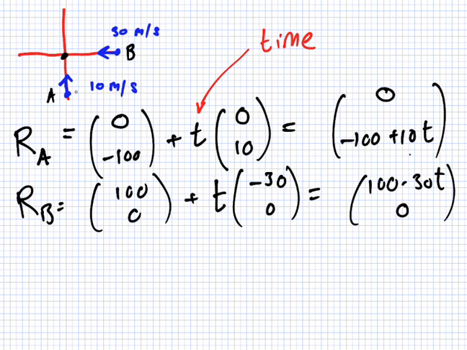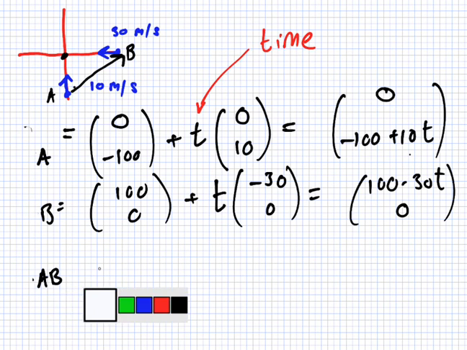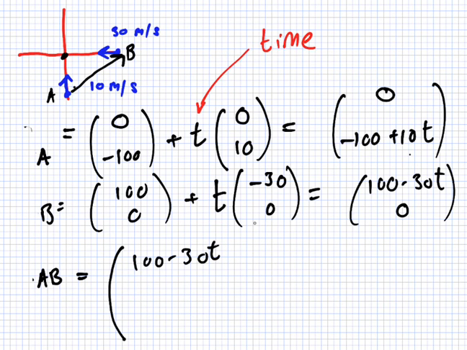So I'd like the vector from A to B, AB, that's B minus A. So that's B minus A, (100 - 30t, 0) minus (0, -100 + 10t).